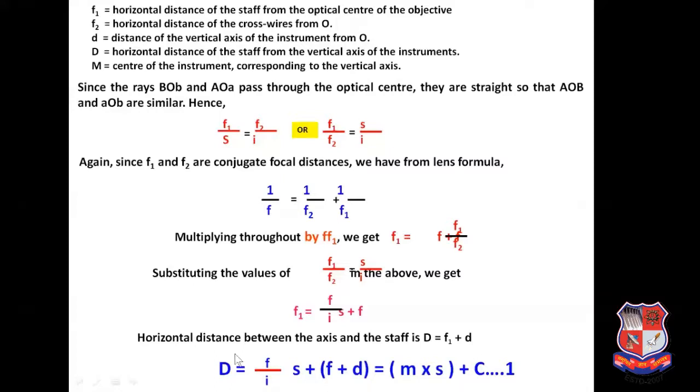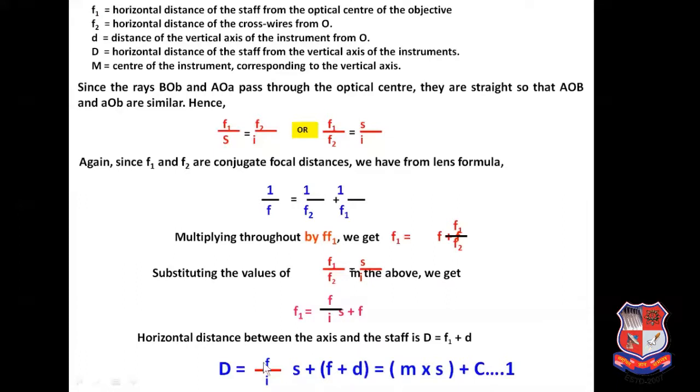So put the value of F1 from here into this equation. So D is equal to f upon I into S plus f plus d. So I am taking f plus d into one bracket. So my equation will become D is equal to f upon I into S plus, in bracket, f plus d.